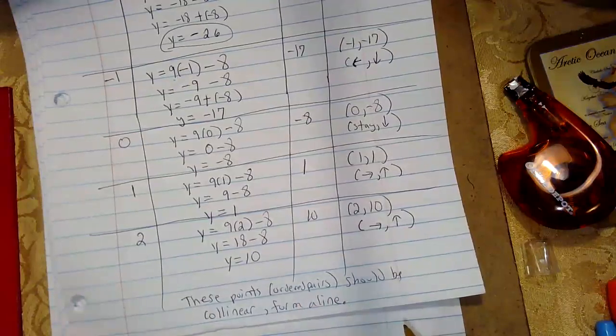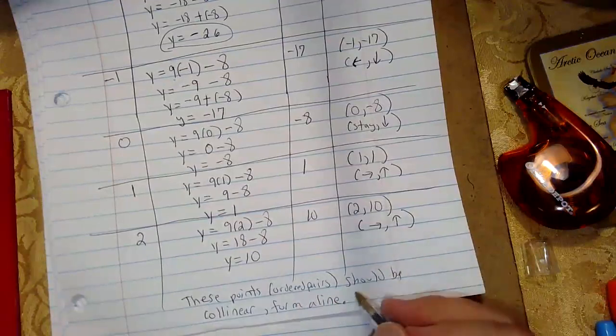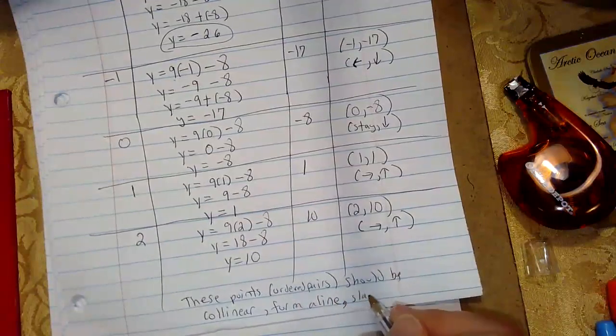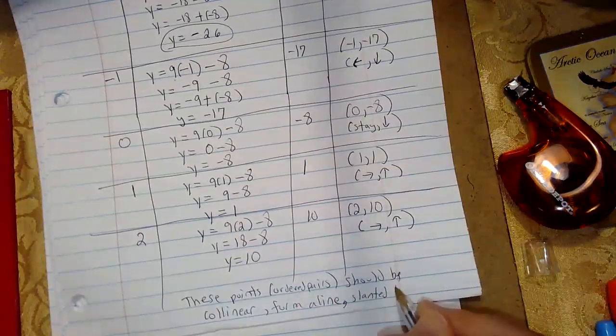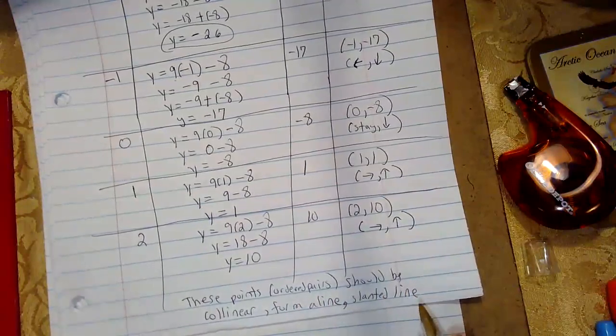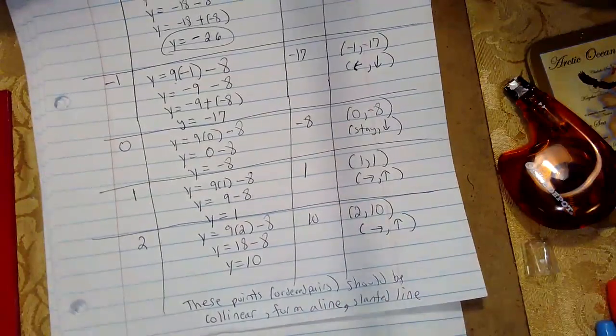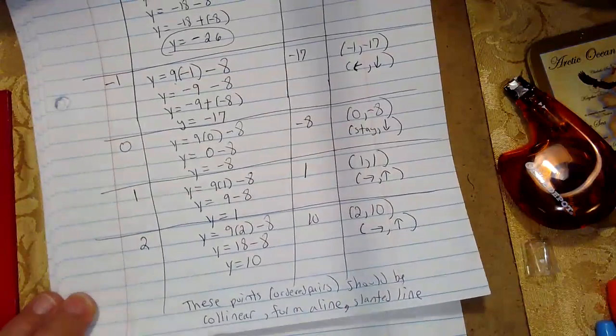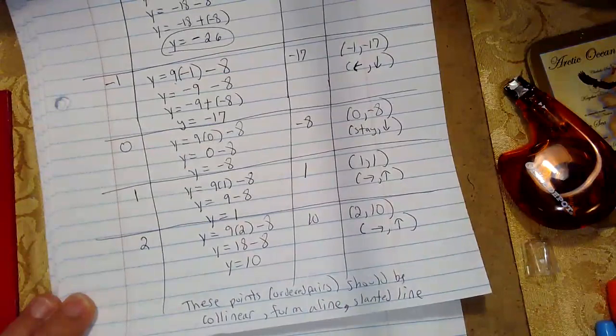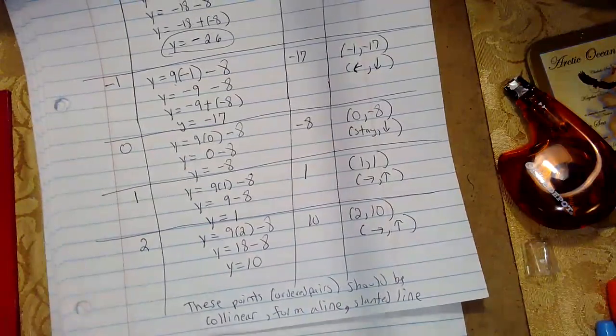Some kind of a straight, slanted line. When you only have x's in the equation, or when you only have y's in the equation, then that forms either a vertical or a horizontal line.